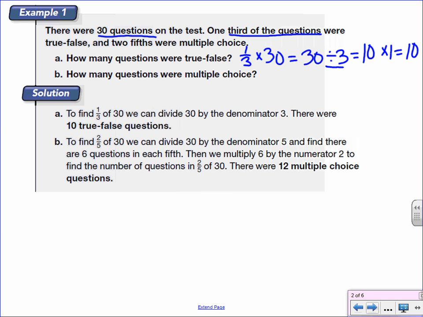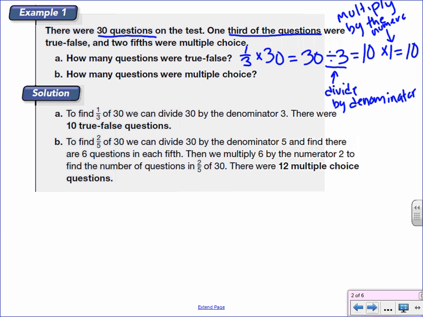So this is dividing by the denominator, and this is multiplying by the numerator. So in A, the solution says to find 1/3 of 30, we can divide 30 by the denominator 3. So there are 10 true-false questions.